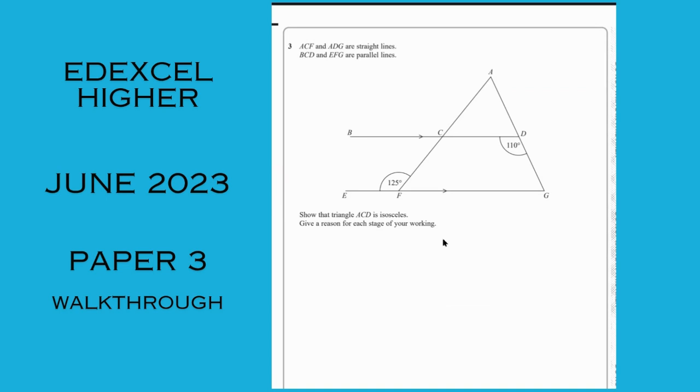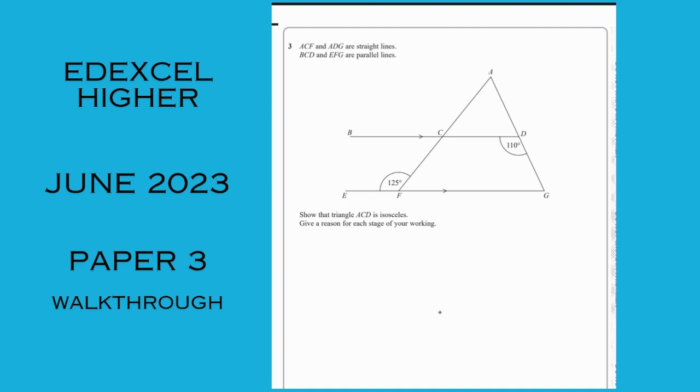Keep it simple. Show that something's isosceles giving reasons. Well, let's come to the isosceles bit later on. All right, ACD is the triangle, so we're focusing on all the angles up here. So I'll not write out each reason, I'll just say them out loud.